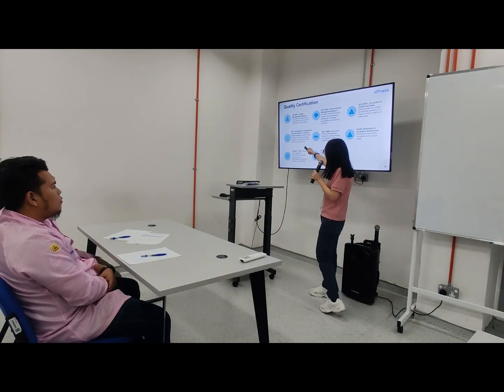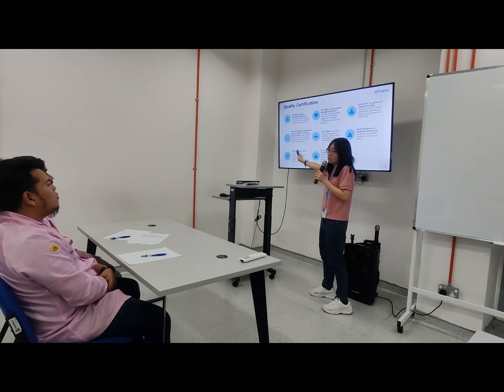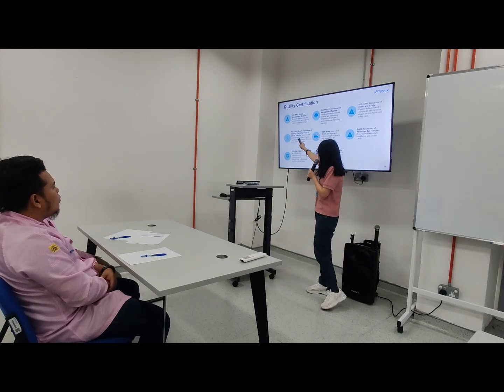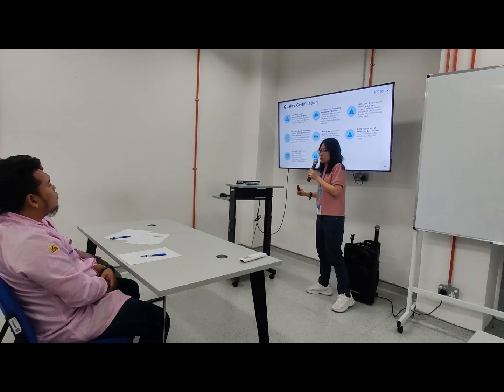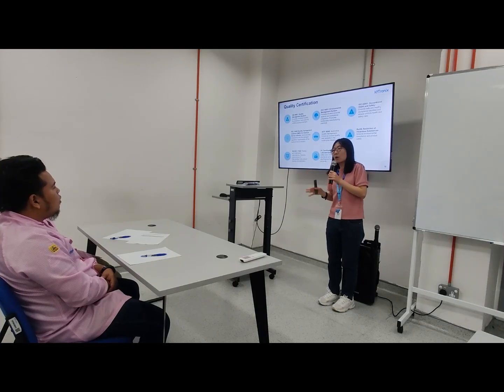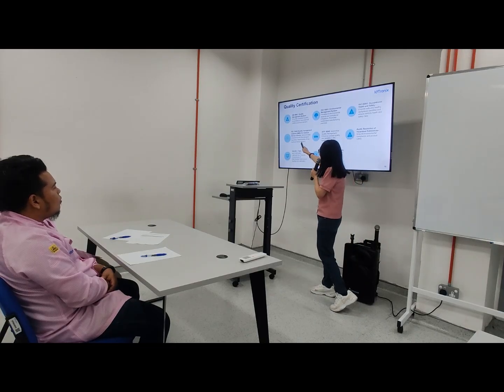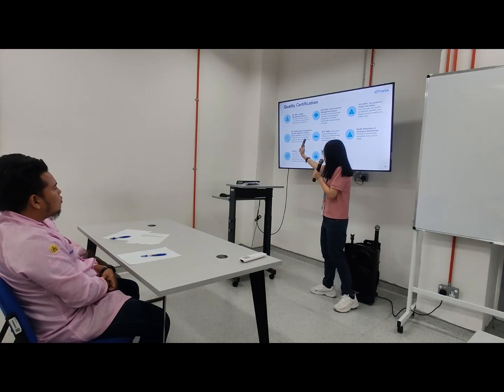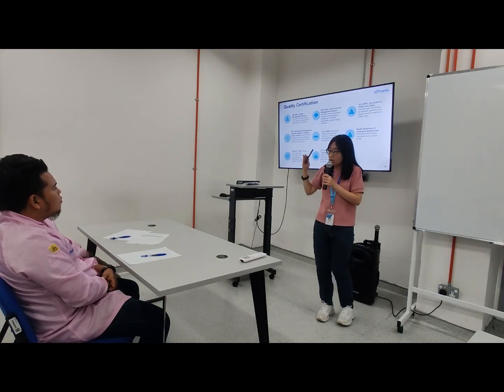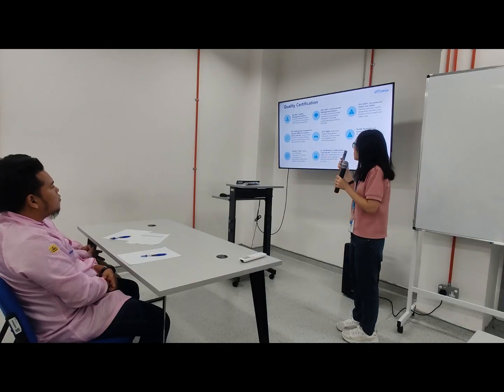Okay. ISO 13485. This one is a QMS also, but for medical device. For current electronic, we don't have any medical product yet, but we plan to get this certification as well. This one is for medical device product, because for medical device products, the regulations and requirements are actually higher.